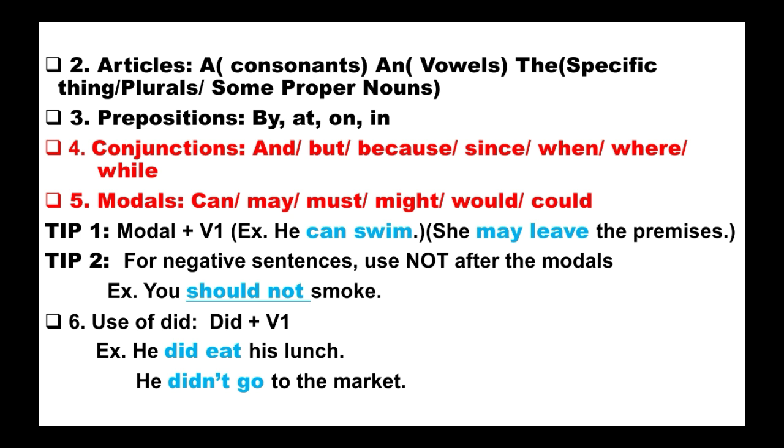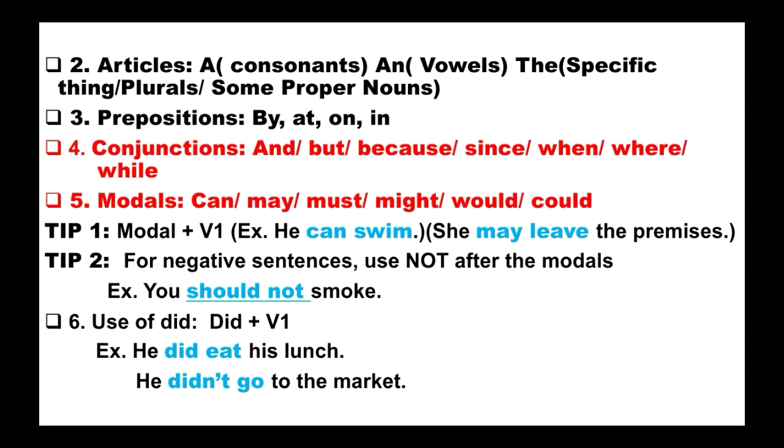Now number 5 comes regarding the usage of the modals. Modals like can, could, may, might, must, would. Now when you use modals, first point you need to remember is that modal plus V1 is the rule. That means with modals we use the first form of verb. Example, he can swim. She may leave the premises.